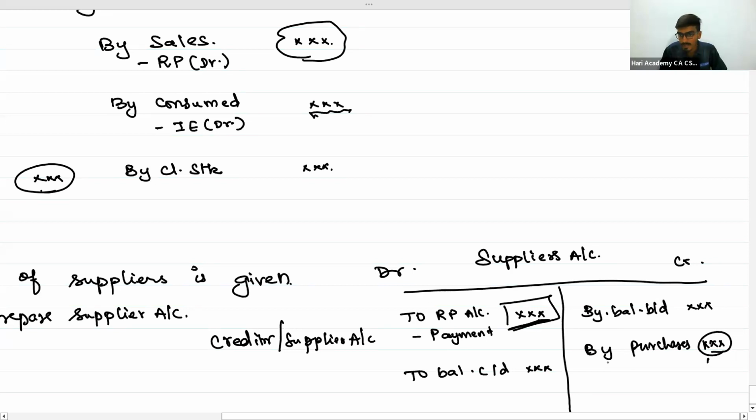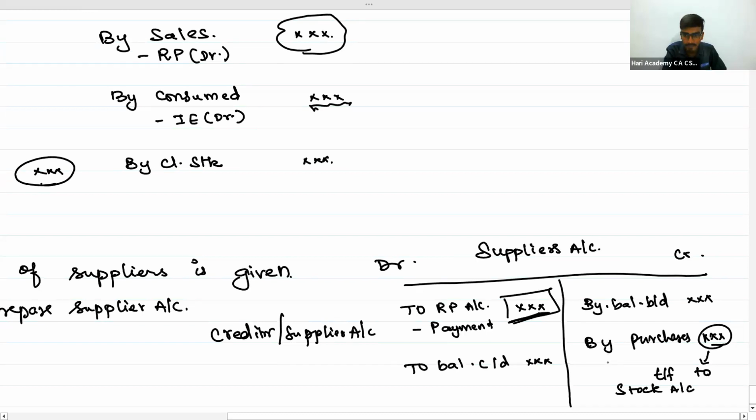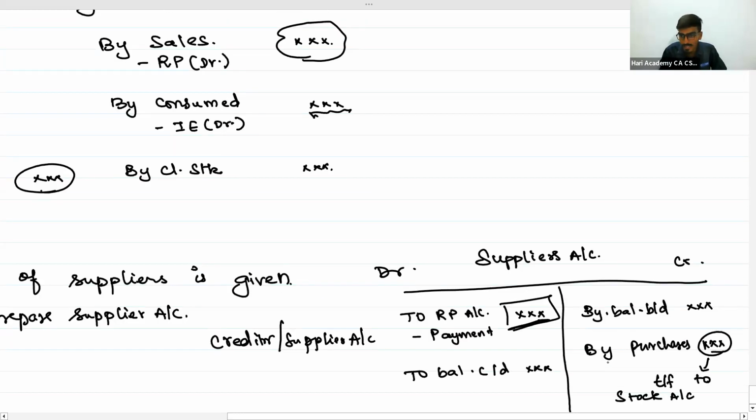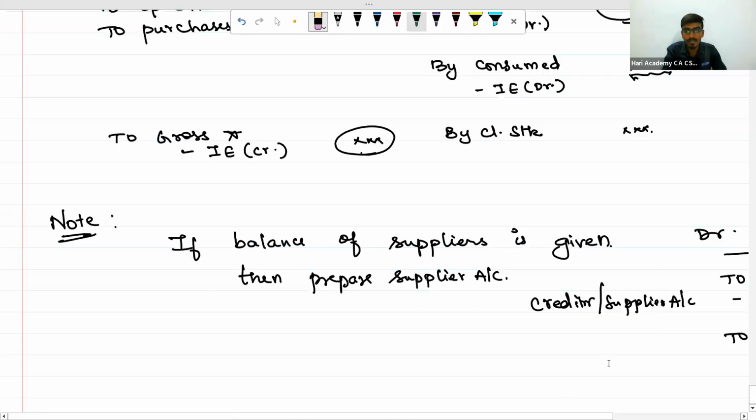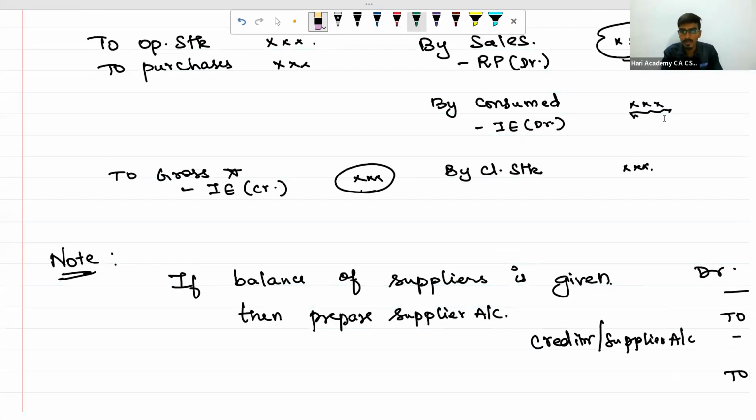This should be transferred to the stock account if it is a without-sale item, or it should be transferred to the trading account if it is a sale item. If the item is going to be sold, I should transfer it to the trading account. This is the major thing you need to remember regarding the closing stock.